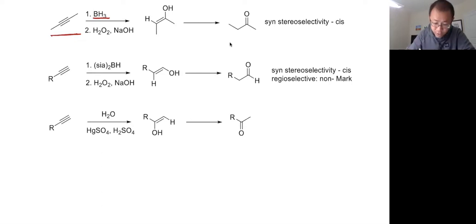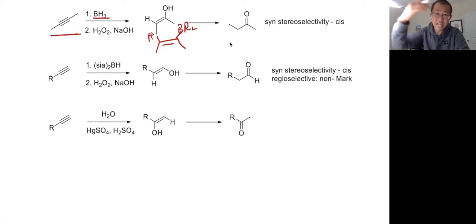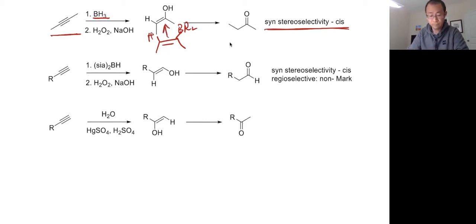Of course, treating an internal alkyne with borane, you initially got this guy. B and H are added to the same side of the triple bond, so you get a cis product. Of course, after oxidation using hydrogen peroxide and sodium hydroxide, you convert the B to OH. Let me draw it better.